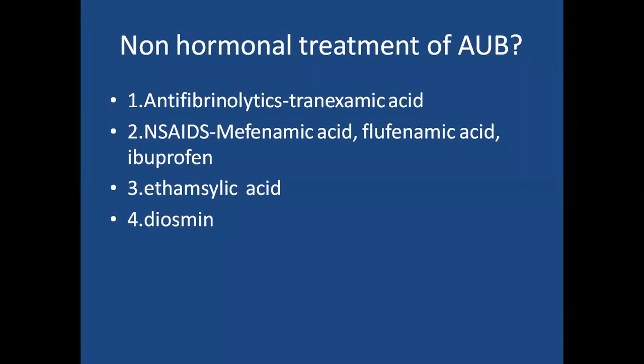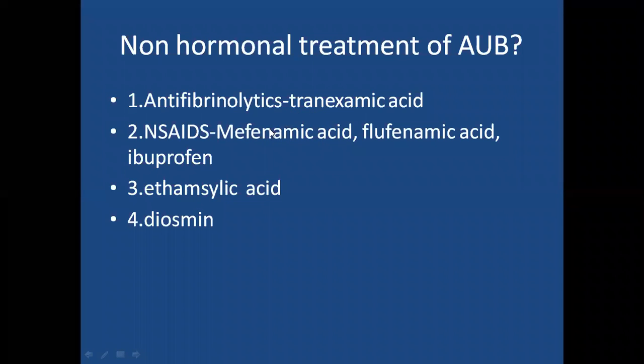So in the non-hormonal therapy, we use antifibrinolytics, that is tranexamic acid, and non-steroidal anti-inflammatory drugs: mefenamic acid, flufenamic acid, and ibuprofen. Out of these, we commonly use mefenamic acid, that is Meftal-Spas. A combination of tranexamic acid and mefenamic acid is available, Tranexa MF.